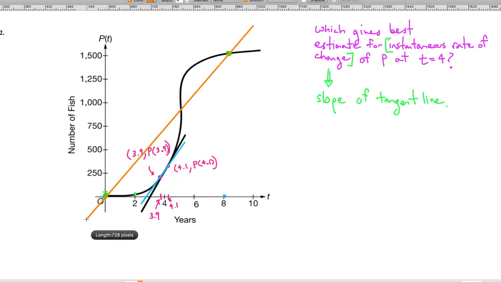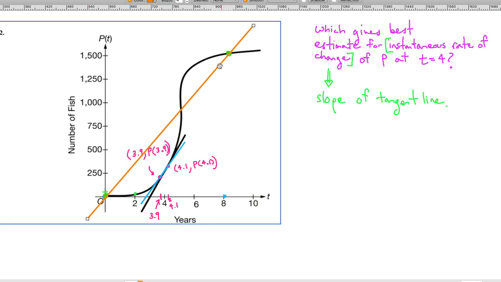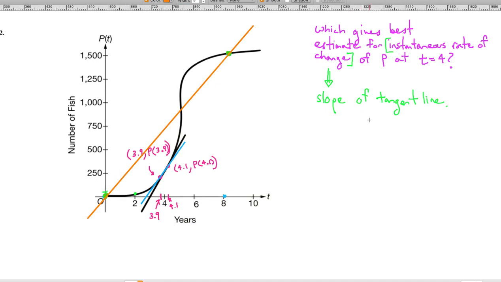So if you look at this, that line, it's somewhat, but that's just more or less coincidence, really. But the blue line is definitely closer to being the tangent line than that orange line. In theory, just getting close guarantees that it's like the tangent line. So you want to use an interval that's as close as possible, and that is your answer.